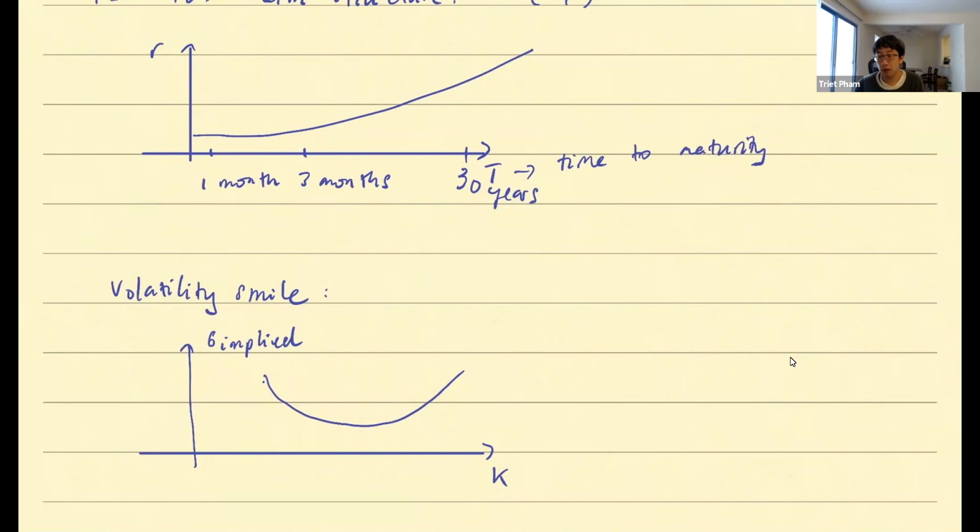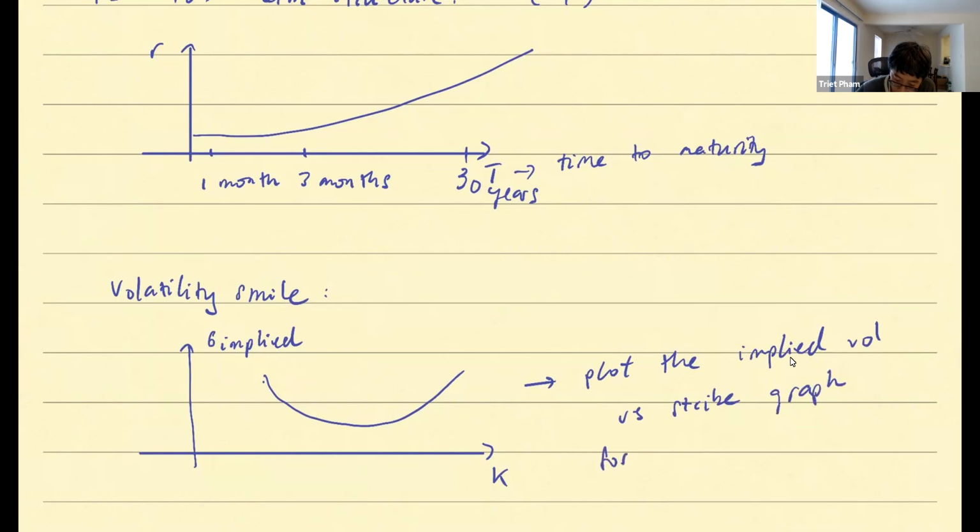All right. Now, of course, does that make sense? First of all, one thing you can check, and one thing I will assign you to do, is to try to plot the implied volatility versus strike graph for a particular expiration day.